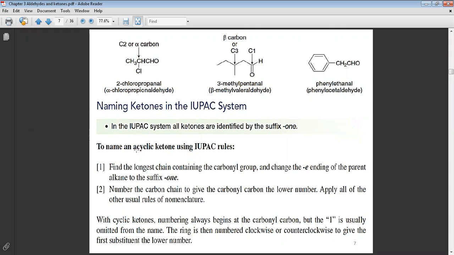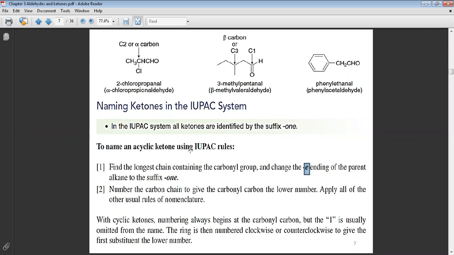Look, he said acyclic ketone, that means we have an open chain. By using the IUPAC system, he said also: find the longest chain containing the carbonyl group and change the e ending of the parent alkane to the suffix one. Hexane will be hexanone.